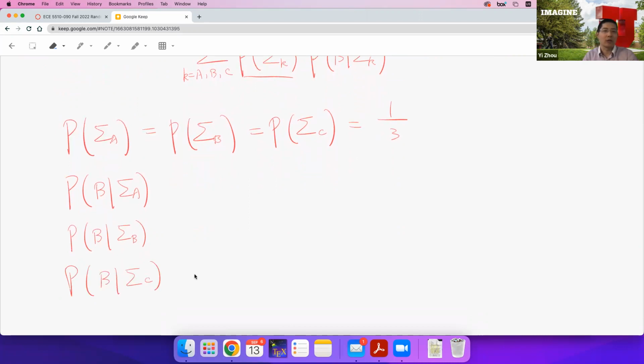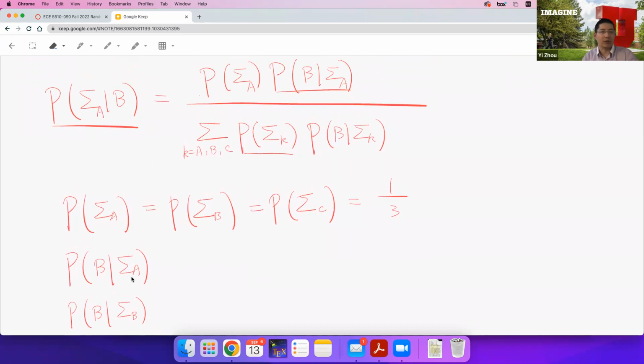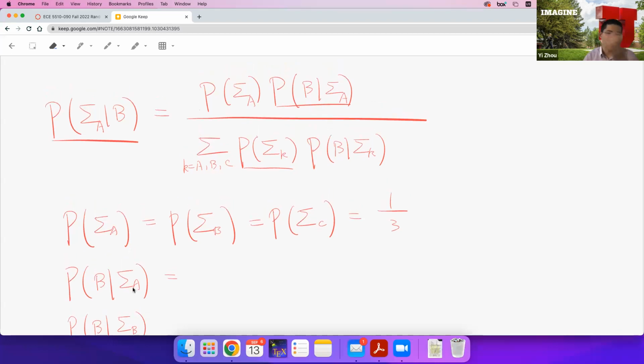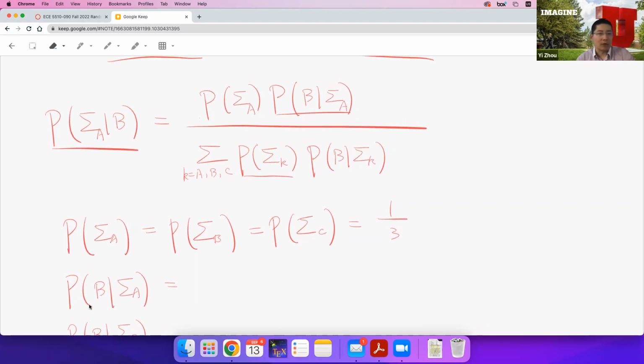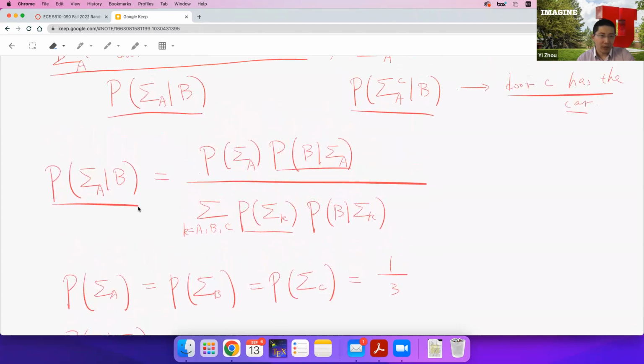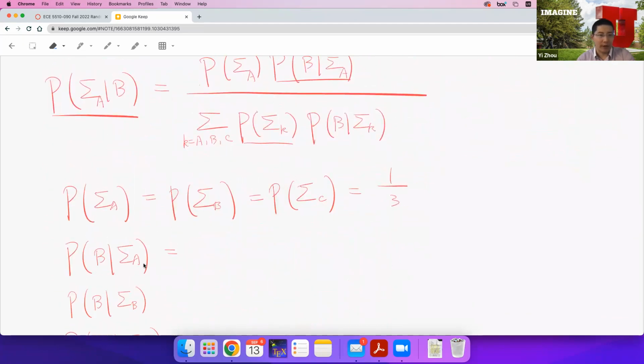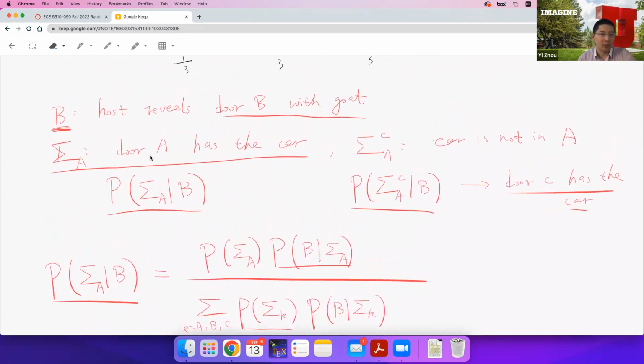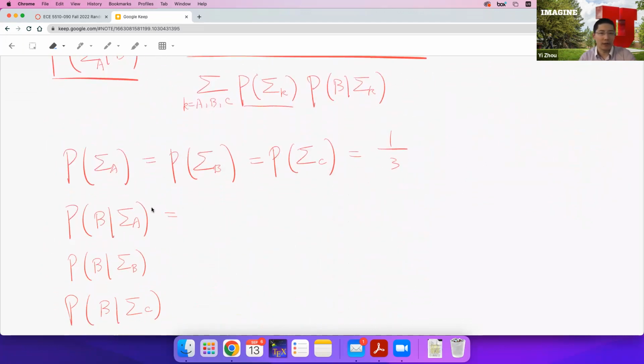So let's look at each of these. This is the probability of event B given sigma A. Let's translate this back into a sentence. Basically, given that sigma A happens, sigma A means the car is behind door A.